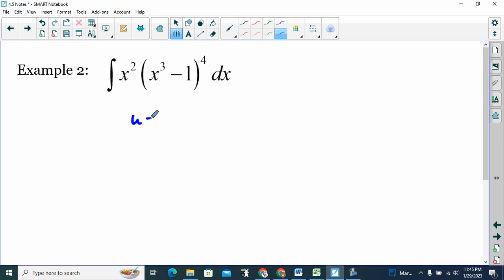We are going to make u equal to x cubed minus 1. That way I just have u to the 4th, and our hope is that this x squared will become part of my du. So u equals x cubed minus 1. Du then would be equal to the derivative of this, which is 3x squared times dx.